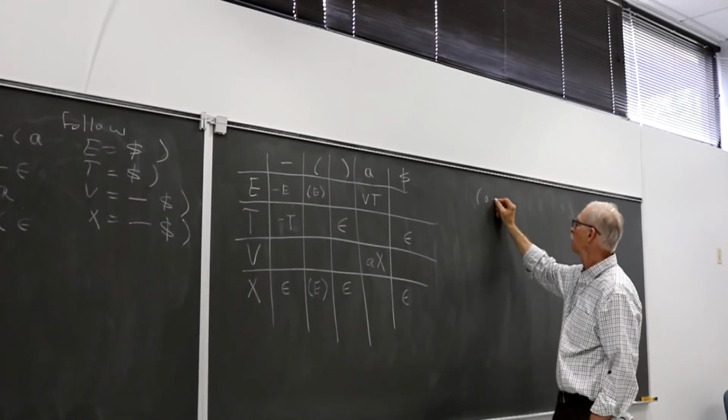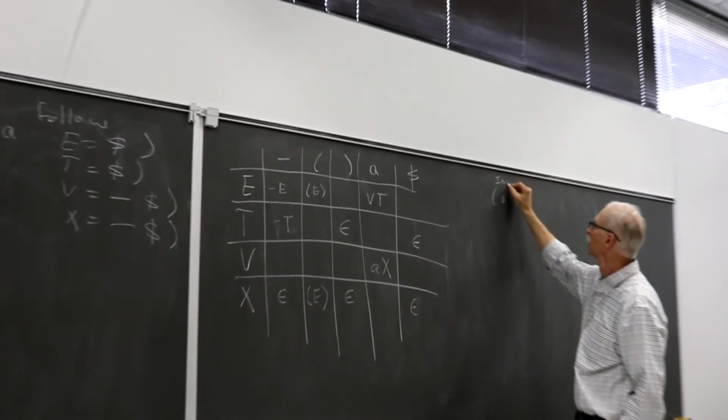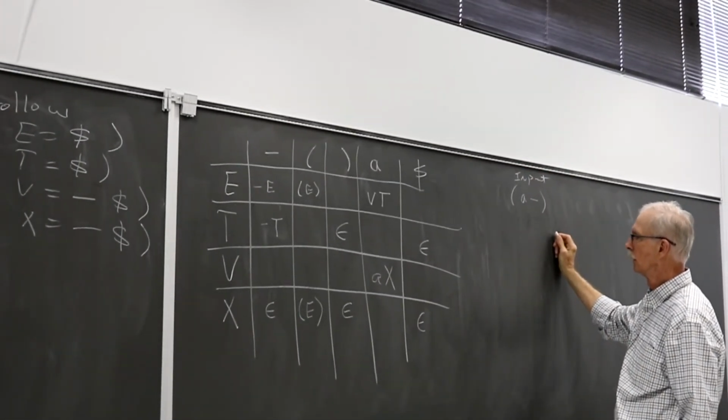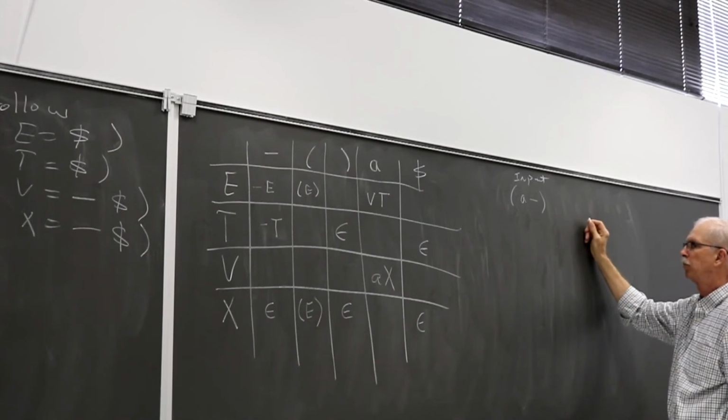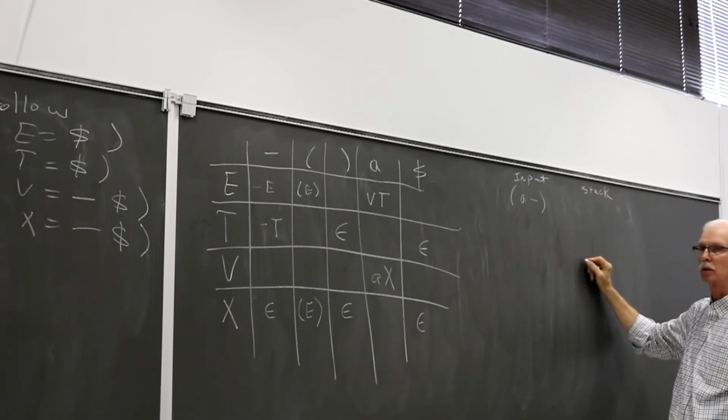I'm going to put my input, paren A minus paren. This is the input. And I'm going to put my stack over here.